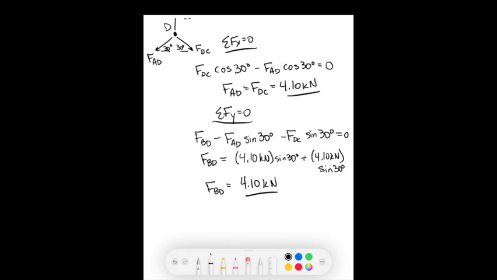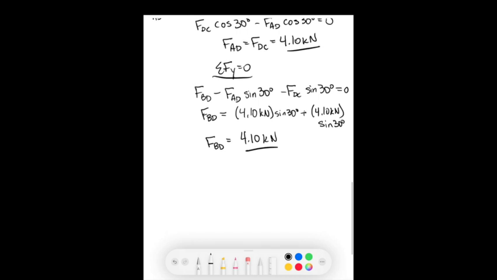And there's only one more left. The last one that we don't know is AB. So we can go over to joint A and draw a picture for joint A there. We know already the reaction at A, which is AY and AX. And we also have our two forces here, member AD and member AB, at 30 degrees and 45 degrees.